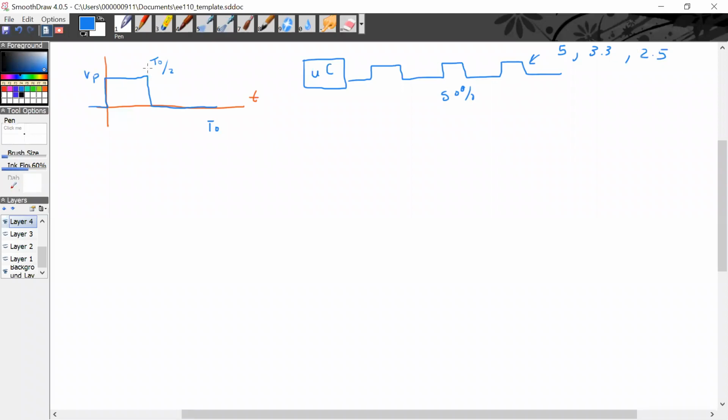So we'll call that VP, and we'll call this point T naught divided by 2.